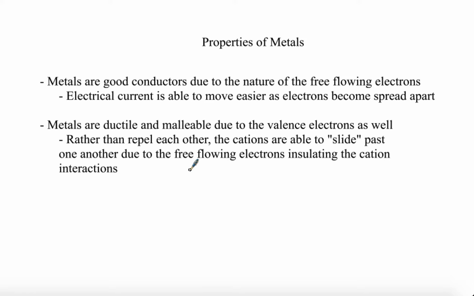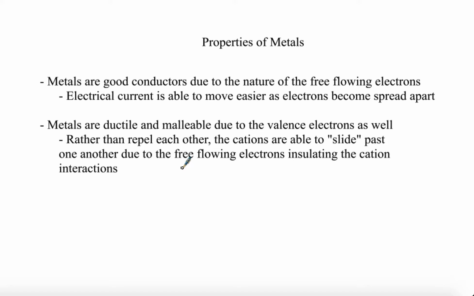This is because these cations are able to move past one another rather than just being held closer together. Because of the electrons, these cations don't repel each other, but rather they slide past one another. These electrons essentially insulate the cations from one another.